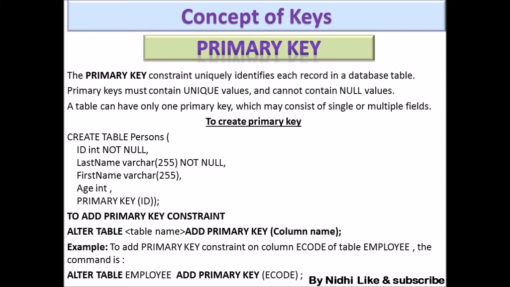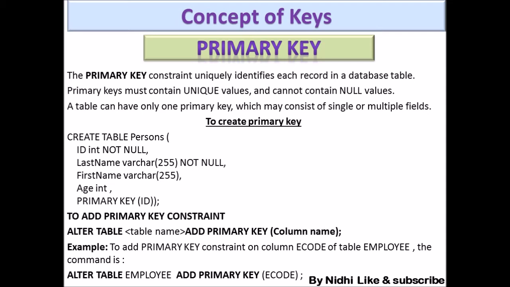And sometimes it happens that during the creation of a table we forgot to make a primary key. So how can we add it later on? We can do that with the alter command. We can write a query like this: alter table, the table name, add is a keyword that we have to write, then the primary key keyword, and then we type the column name which we want to make the primary key.